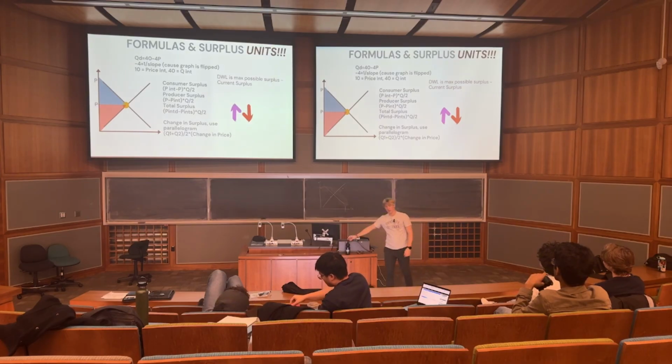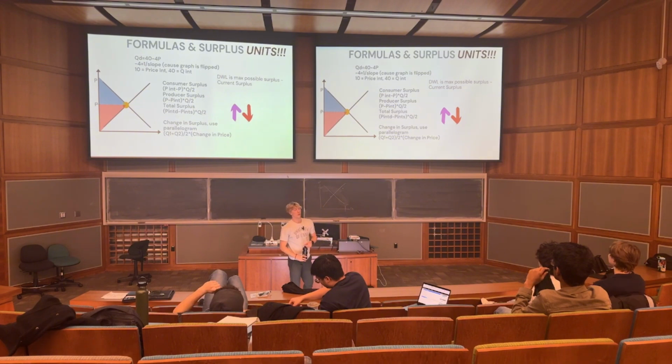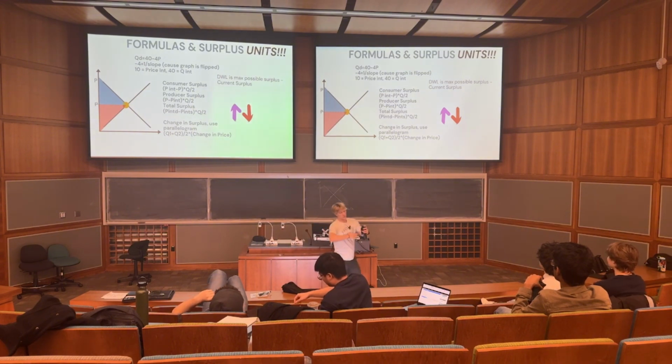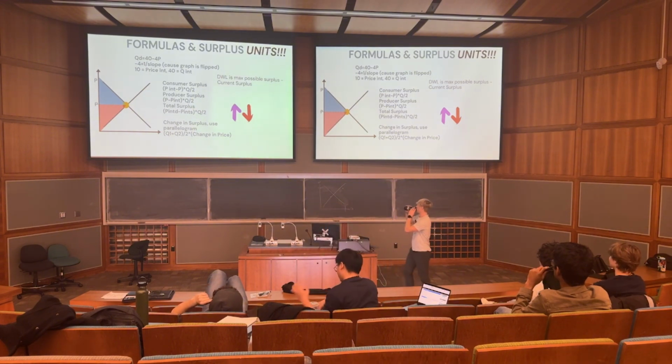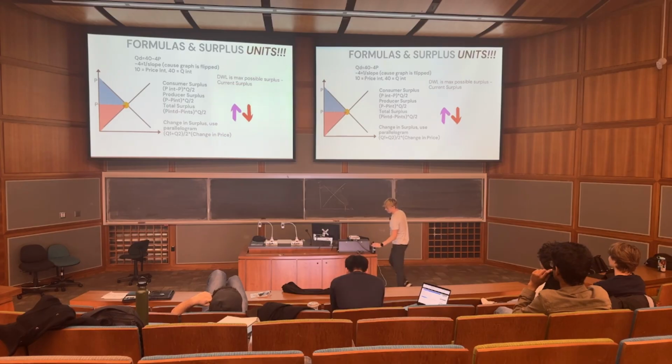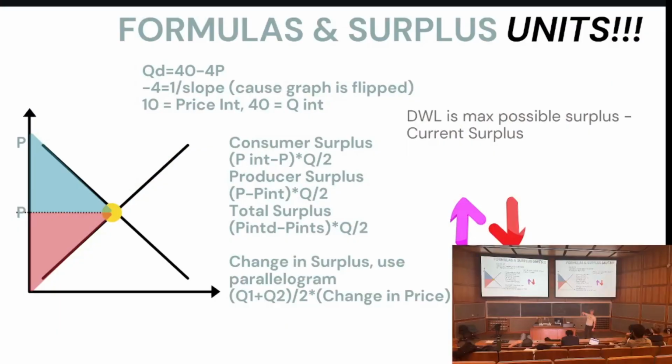And then for any changes in surplus, there's the parallelogram calculation, which is basically taking two different points, making a parallelogram, and then calculating that area, which is the change. Then you can calculate the deadweight loss, which is the max possible surplus you can get minus the current surplus you can get.